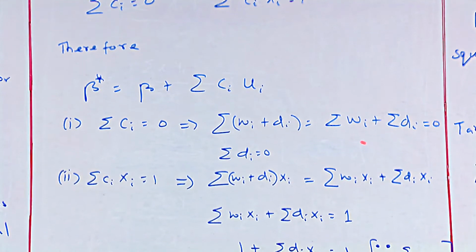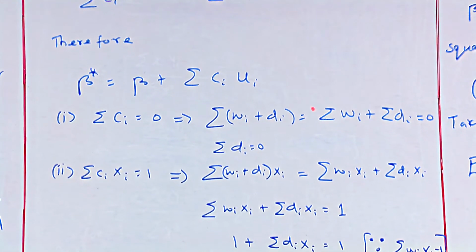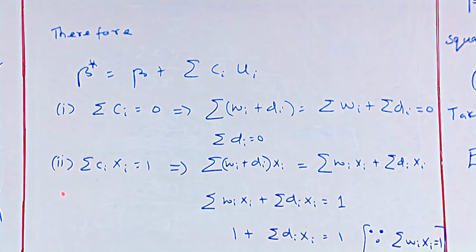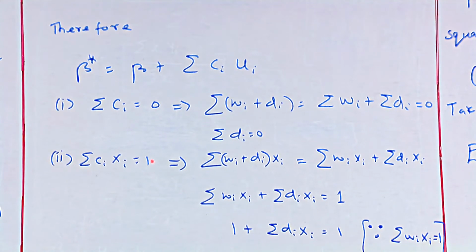We already know sigma wi is equal to 0 and therefore sigma di will also be 0. Secondly, sigma ci capital Xi is equal to 1. This implies, substituting ci as wi plus di, it becomes sigma wi capital Xi plus sigma di capital Xi.